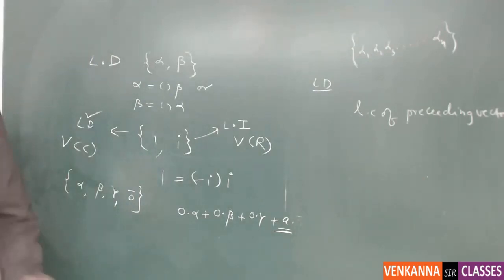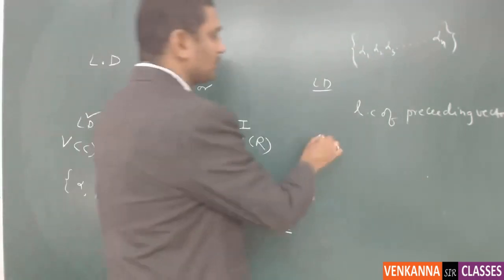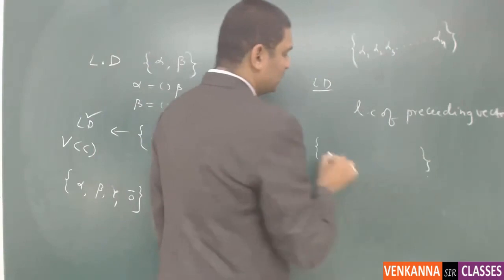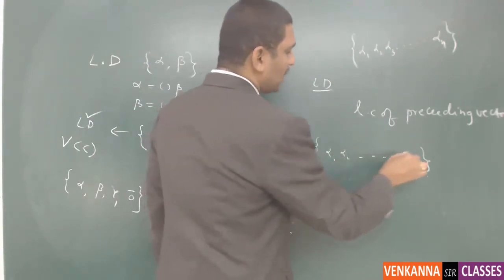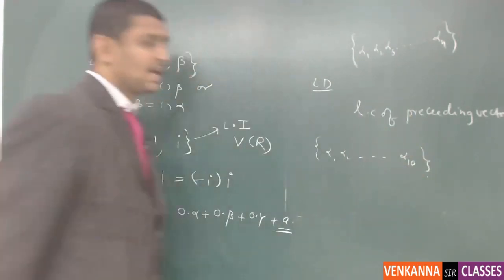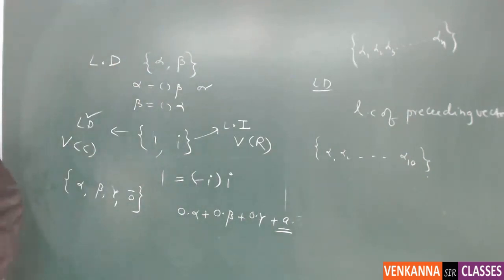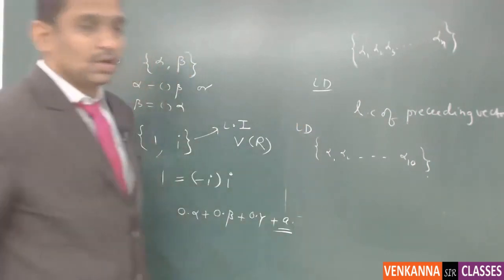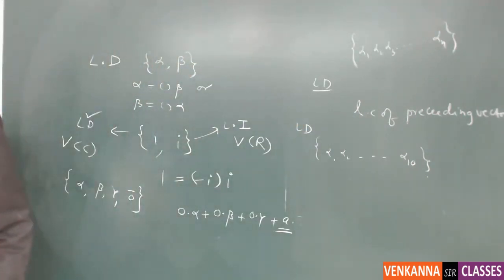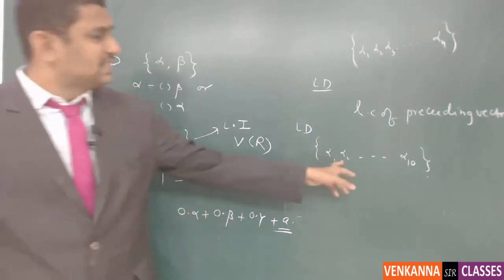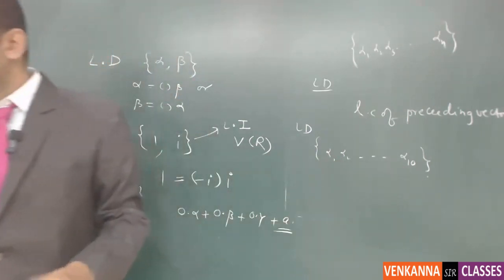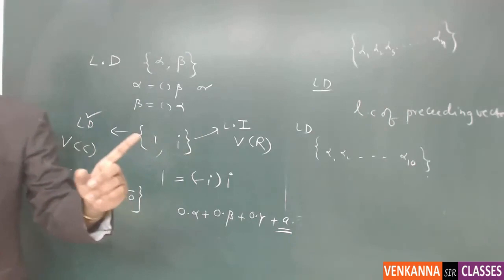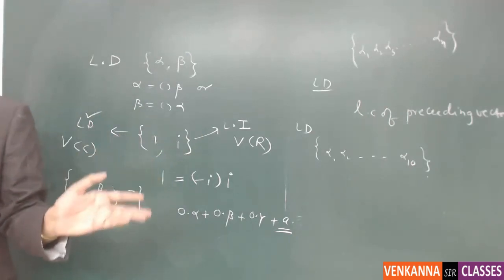So it means that, let me say alpha 1, alpha 2, so on, alpha 10. I have taken 10 vectors in one set and I mention that it is LD. So among these 10 vectors, right from the second vector onwards, you can find at least one vector which is a linear combination of preceding vectors.